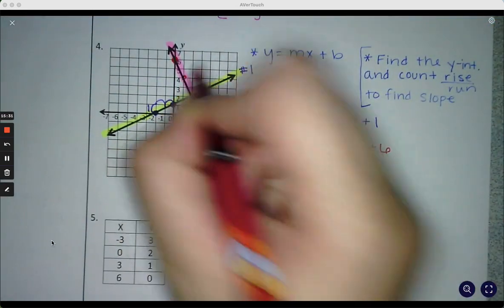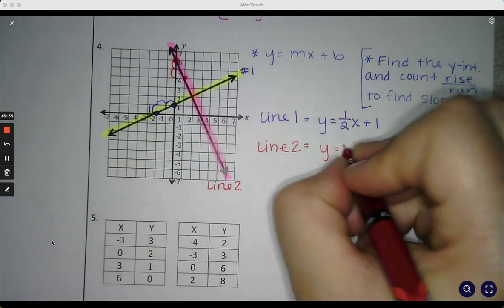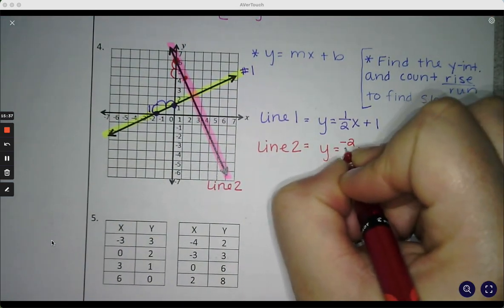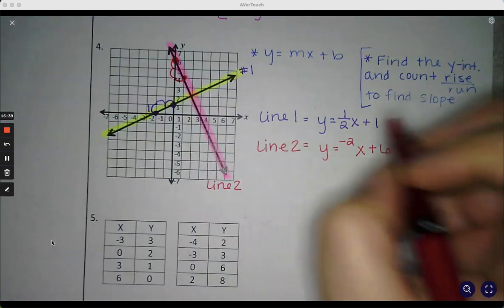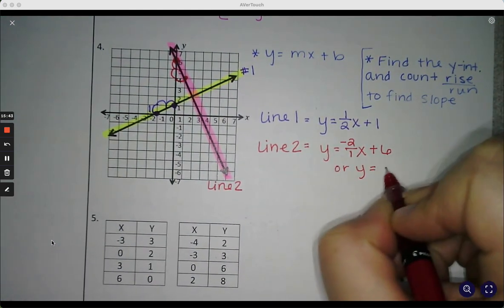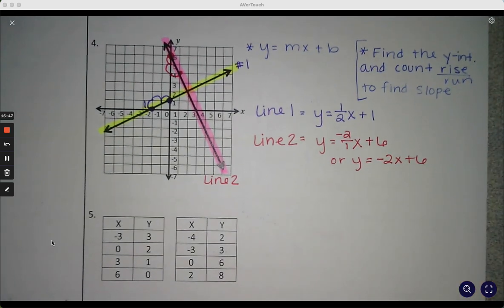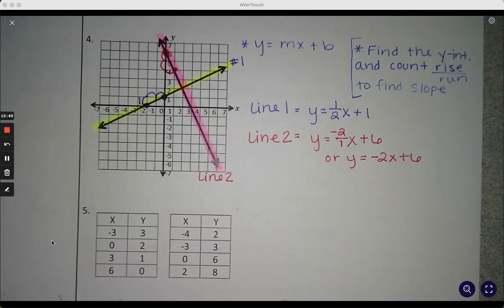Here's a good point. So we count down 2 over 1, which is the same thing as negative 2x plus 6. So those are our two equations for that system of equations.